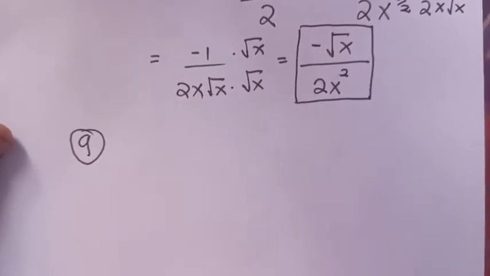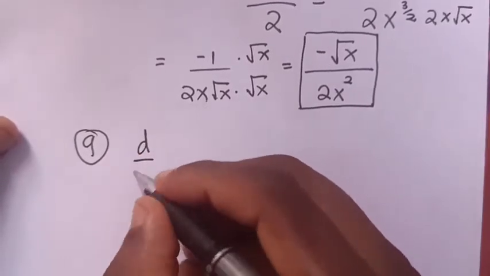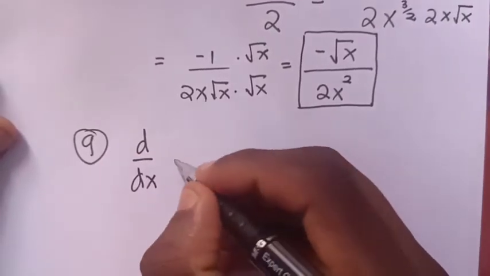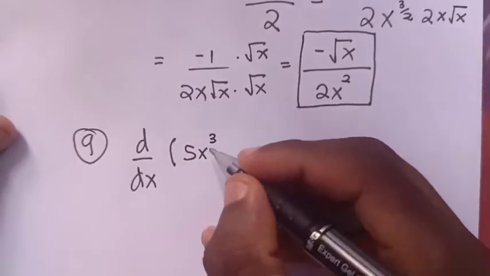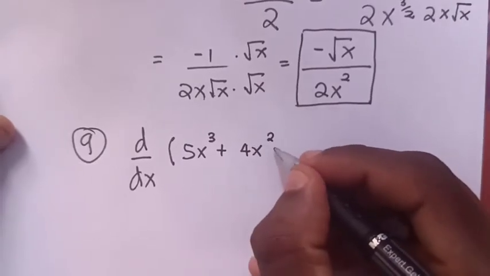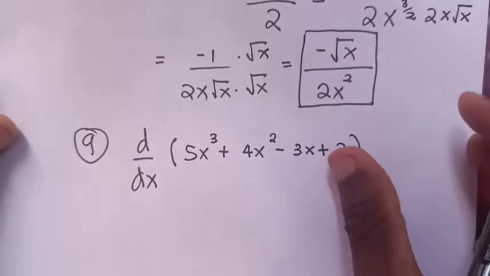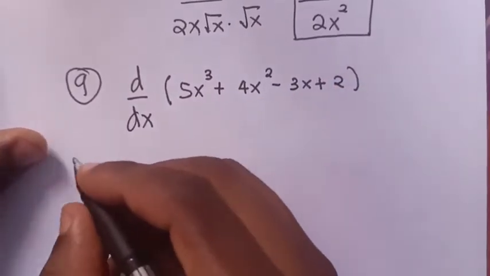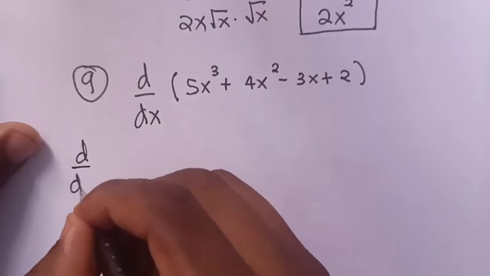Hope it's clear. Now let's go to the 9th example. d over dx, derive 5x power of 3 plus 4x square minus 3x plus 2. Now we derive each term here.